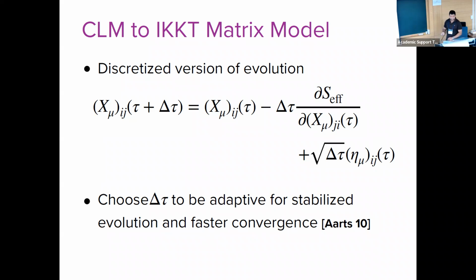And the size is determined through the size of the drift. If the drift is too large, we take the step to be too small. So it is to avoid some subtleties in the evolution. This was introduced by Arts and others in this paper. So we make use of that.